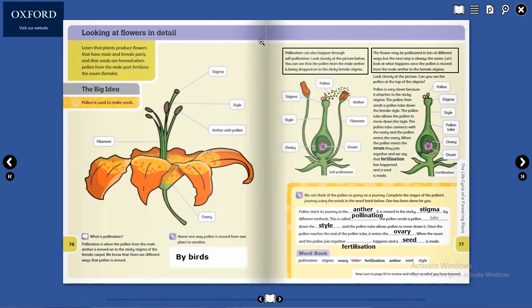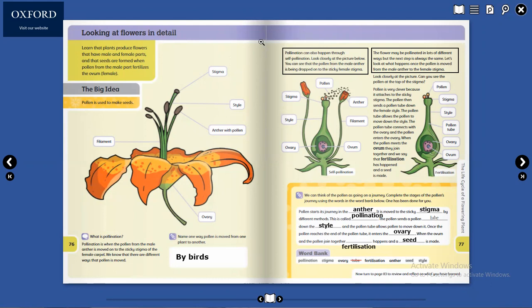Pollination can also happen through self-pollination. Look closely at the picture below.